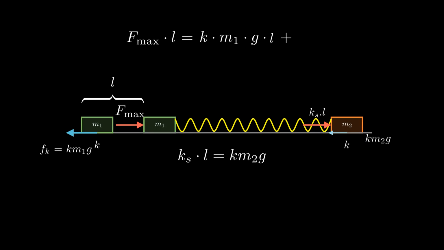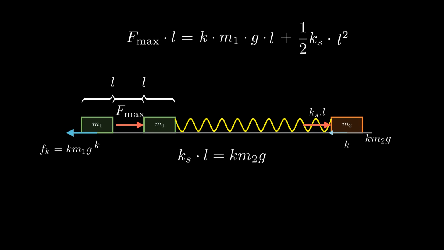And some part of F max times L is stored as potential energy, which is also equal to the work done on the spring. Now this potential energy of the spring is nothing else but half times Ks times the length of the spring compressed, that is L squared.